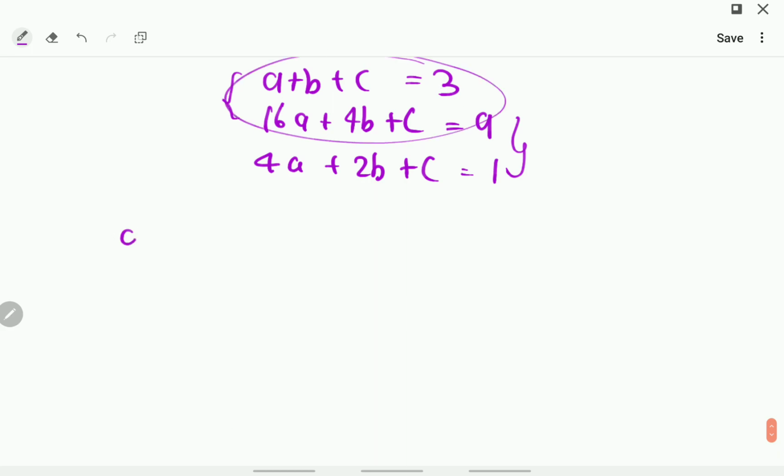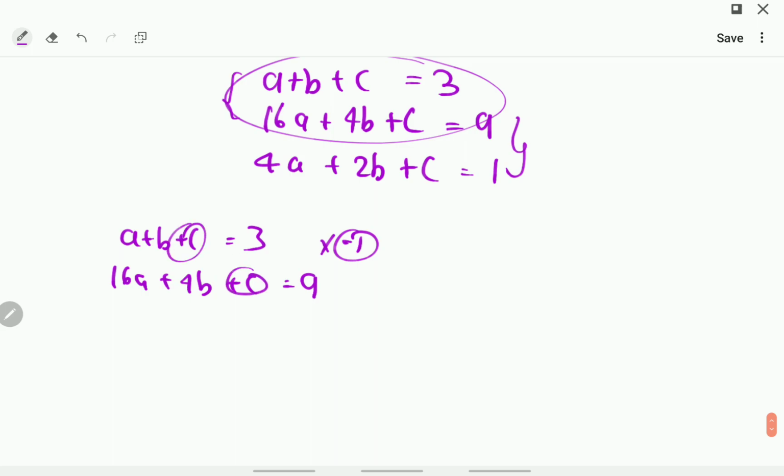The fact that a plus b plus c is equal to 3 and that 16a plus 4b plus c is equal to 9. From this, we can multiply the first entire equation by minus 1 so that you can eliminate c.